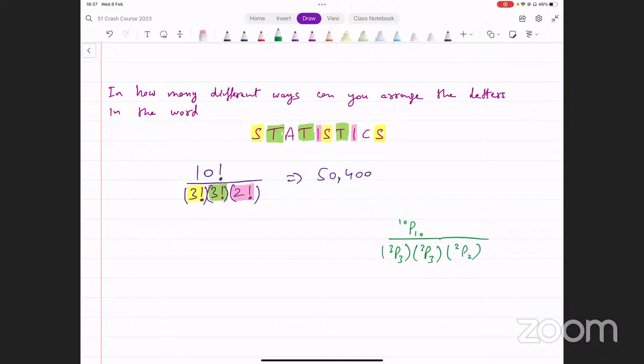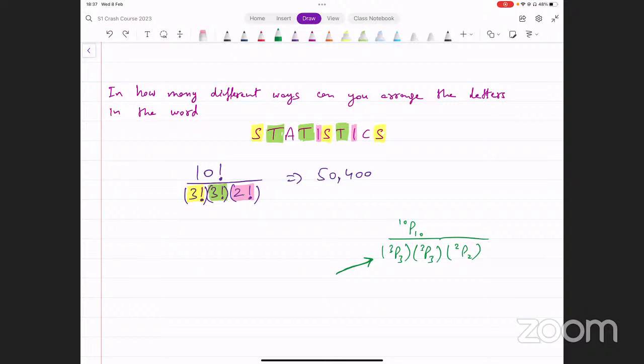So we could use this in this case, but these repetitions are going to be handled separately in this case as well. You can't assume that the permutation is going to handle it automatically. Permutation is just an alternative to using factorials here or doing those multiplications manually, but repetitions still have to be handled.